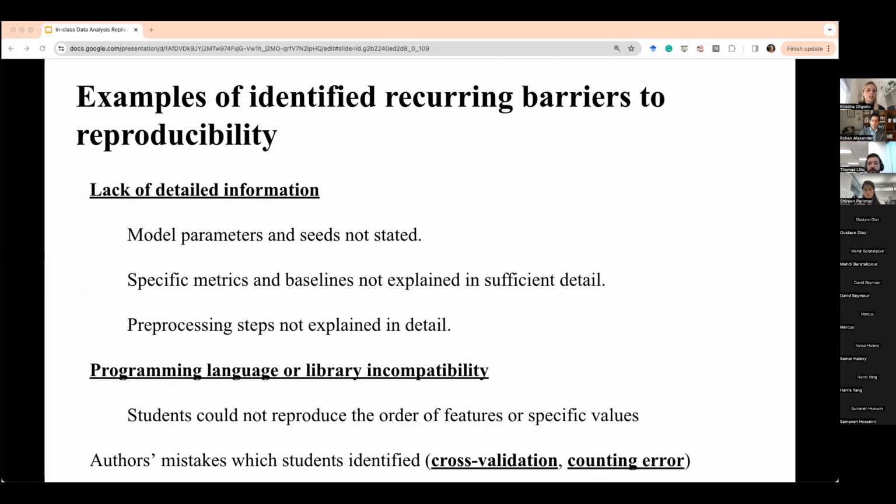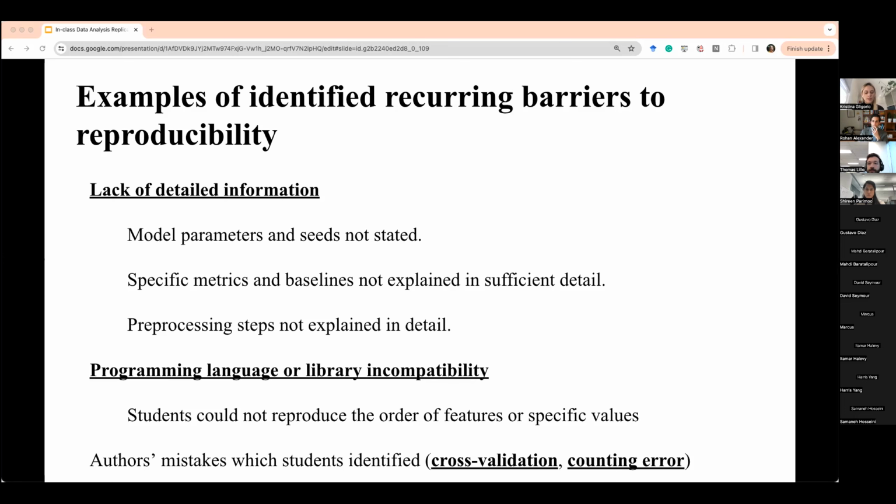The major barrier to reproducibility identified is this lack of detailed information. Things can go wrong when model parameters are not stated. We also saw that random seeds are not stated, so then there is some variation and it cannot be replicated exactly. Specific metrics and baselines tend not to be explained in sufficient detail.